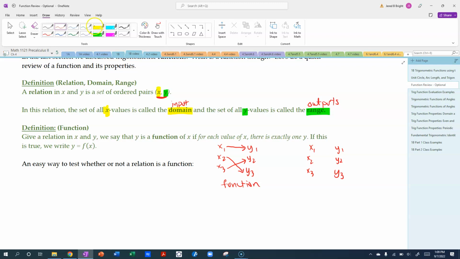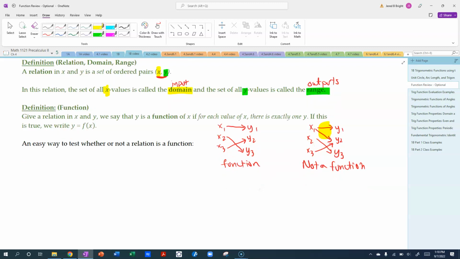An example of not a function would be something where we retain the idea of x2 going to y3 and x3 going to y2, but we have x1 going to two different y values. Analytically, you might say, okay, I kind of get it, but some of us learn better by pictures. I know I do.